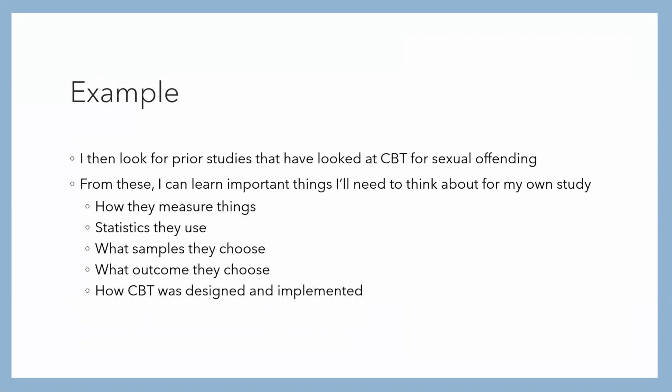So how did they define their outcome variable of sexual reoffending? Did they define it by arrests, convictions? Did they define it by self-report or official criminal records? And how CBT itself was designed and implemented.